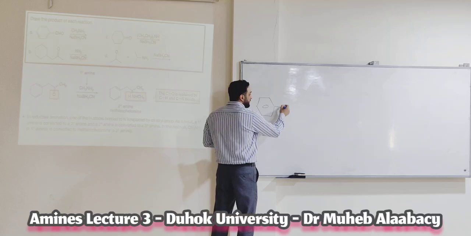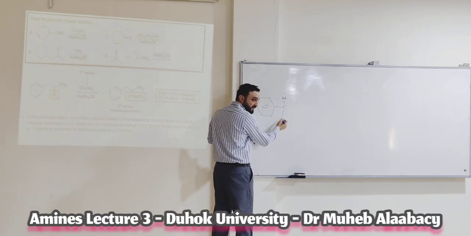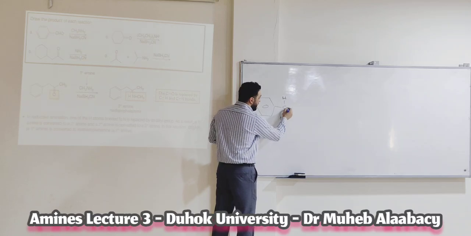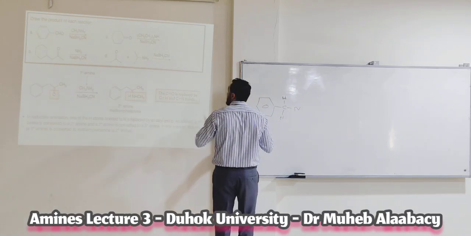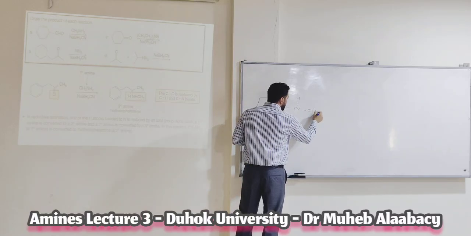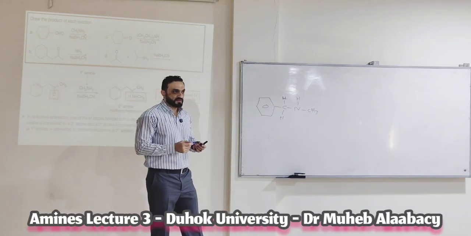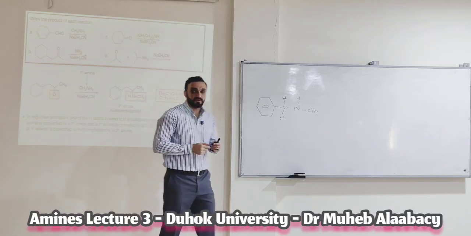Carbon, hydrogen, another hydrogen atom because it is reductive, and nitrogen. This nitrogen, what does it have here? It has 1 hydrogen and 1 methyl group. Okay, this is the product.